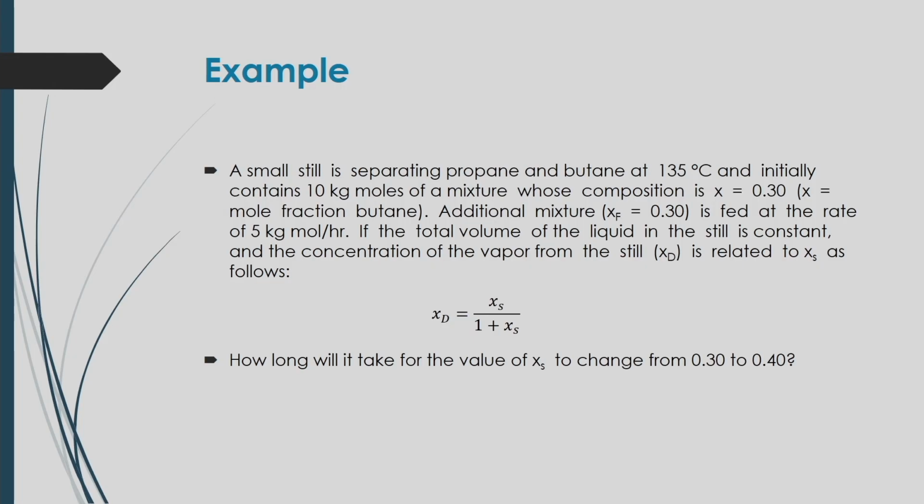Let us consider a still used to separate a propane and butane mixture at 135 degrees Celsius, and it initially contains 10 kg moles of mixture, whose composition is x equal to 0.3 mole fraction of butane. Additional mixture, with xf, the mole fraction of butane, as 30%, is fed at the rate of 5 kg mole per hour.